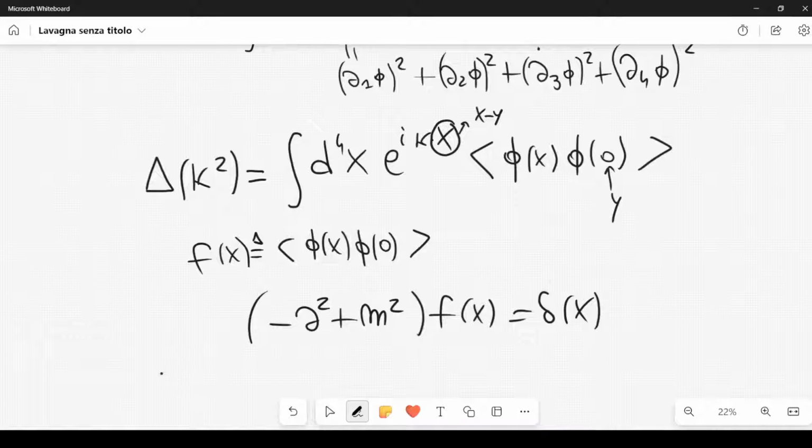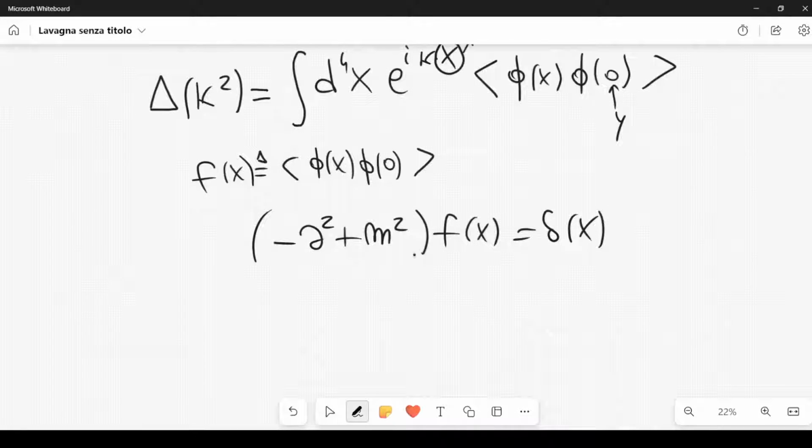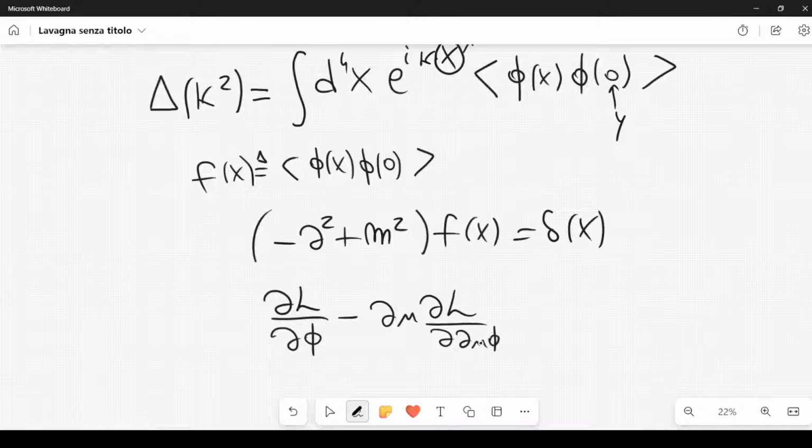So you start from the equation of motion written in terms of the Lagrangian. So we have the derivative of the Lagrangian density if you want, but I will call it Lagrangian, with respect to the field phi minus d mu of dL over d(d mu phi), like this.